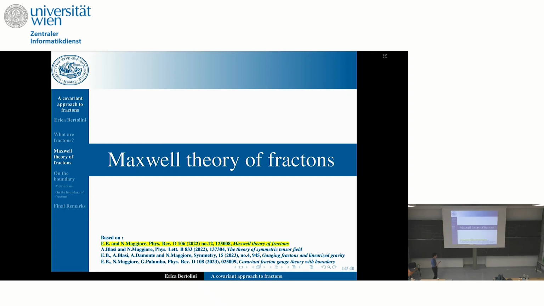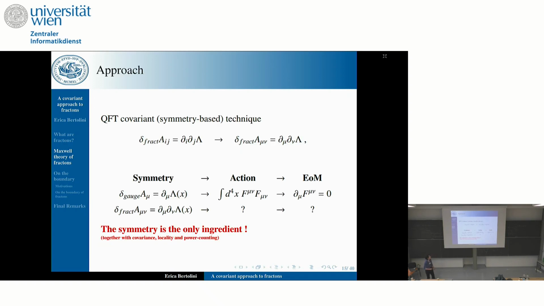the idea of building a covariant theory for fractons, starting from a symmetry-based technique, meaning that now the idea is to promote the fractonic symmetry to a covariant symmetry, and so from just first principles, like one can do with standard electromagnetism and Maxwell, one can build the most general invariant action, then identify the equation of motion of the theory, and then see what's the physics of the model.